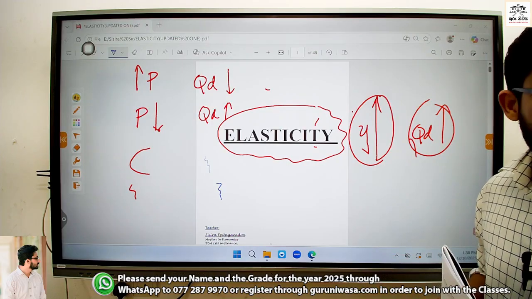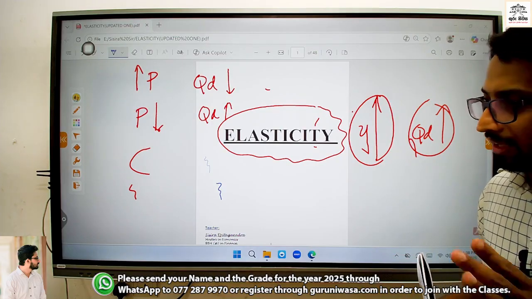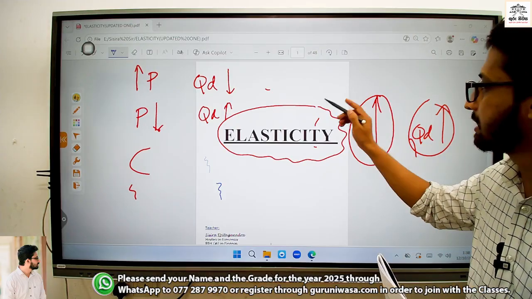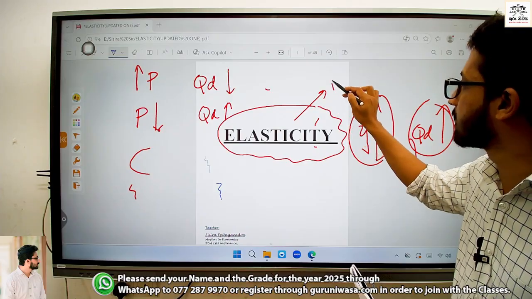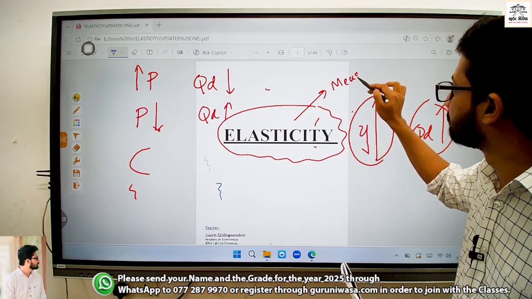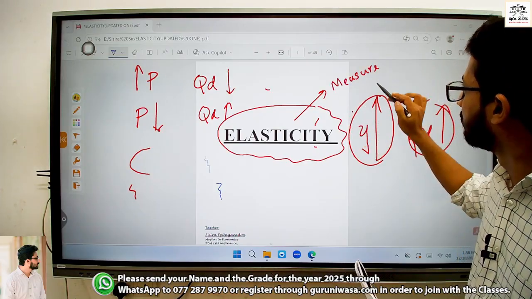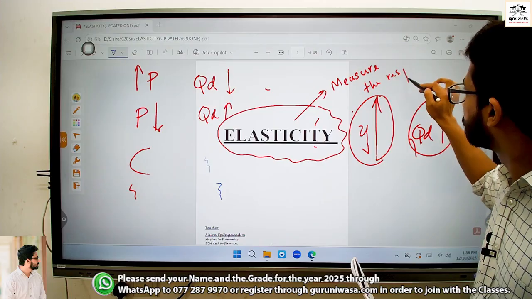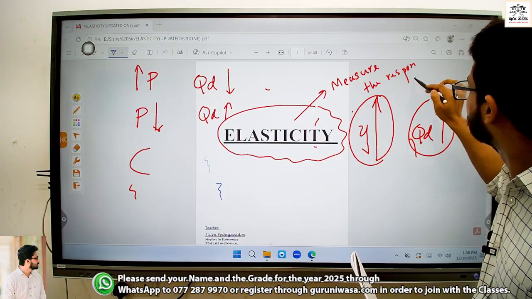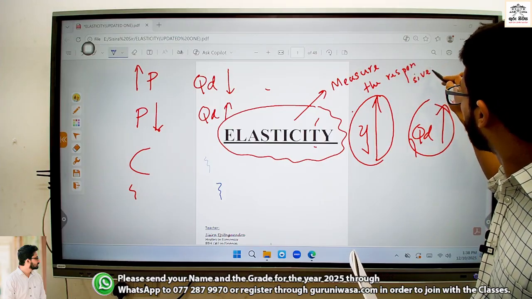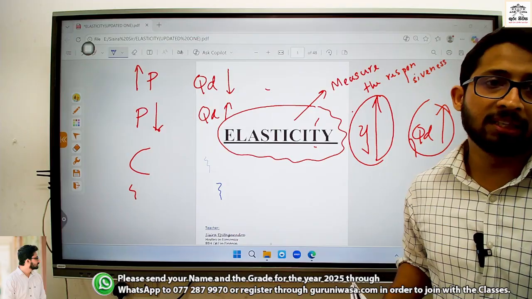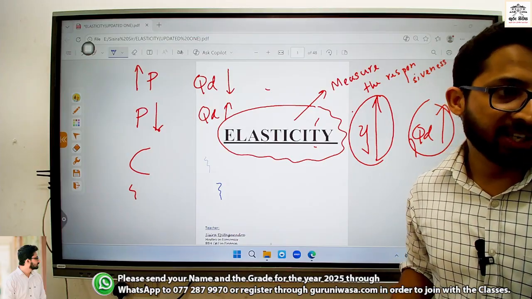Remember, this elasticity basically depends on calculations. Elasticity means we measure something, Lamai. We measure the responsiveness of a dependent variable to a change in an independent variable.